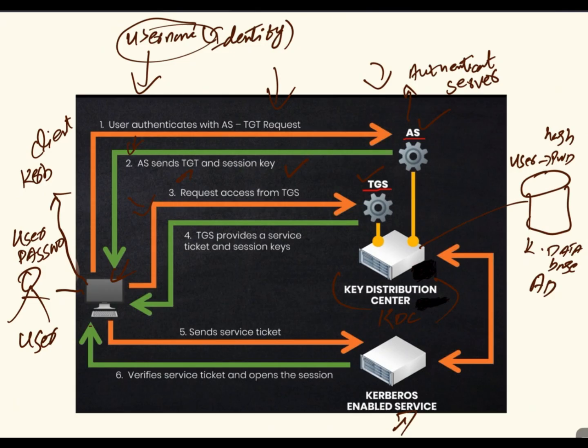So once the client has the right password, which is stored in the database, and if the client is able to decrypt it, then that means authentication is proven. Authentication happens implicitly.